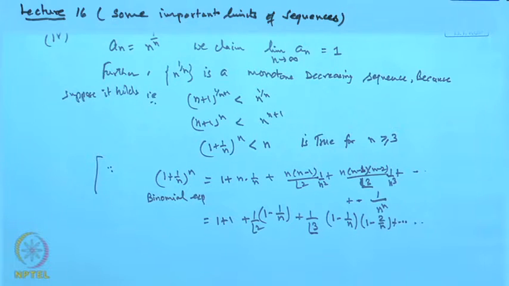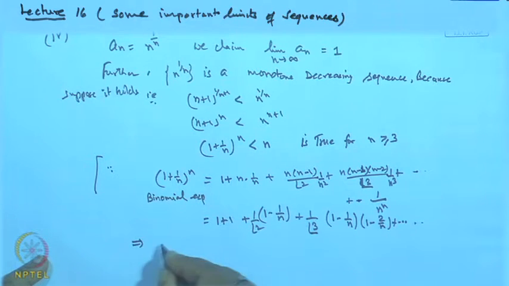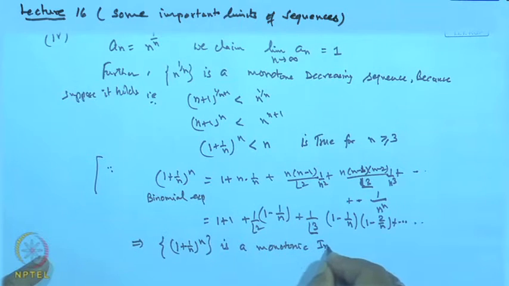Now, you see each term is positive. So, the sequence (1 plus 1 by n) to the power n is a monotonic increasing sequence.